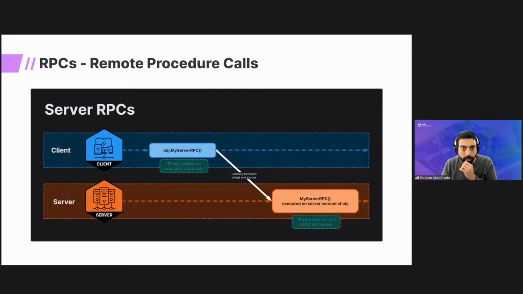This is a diagram of the server RPC that I talked about. Here we can visualize that we are running from the client, in this case imagine the spaceship where we're pressing the spacebar, and the client says, "Server, whenever you get the chance, please spawn this new bullet in set position," and the server says, "All right, gotcha." After some latency, because obviously it takes some time for the client to get that message to the server, once it gets the message, it executes, spawns the bullet, and lets it fly.